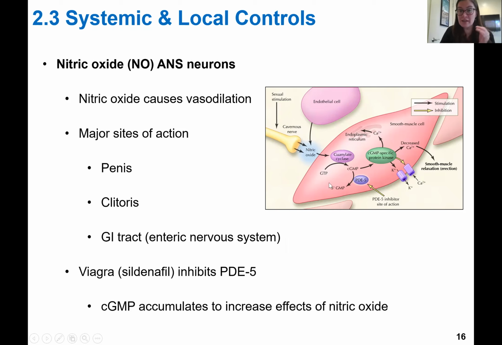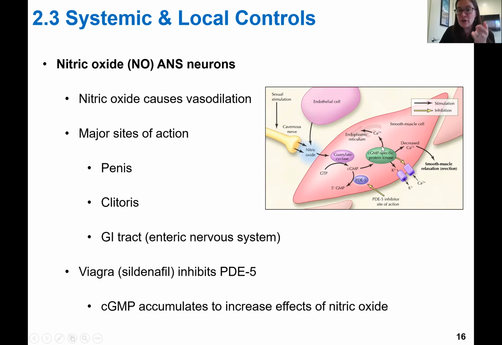Guanylyl cyclase takes GTP into cyclic GMP, and cyclic GMP is the second messenger that activates a whole bunch of stuff. Specifically, it activates cyclic GMP kinase, protein kinase, and the kinase, as kinases do, phosphorylates everything.